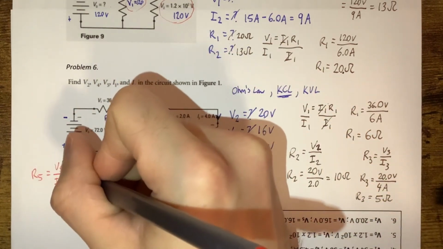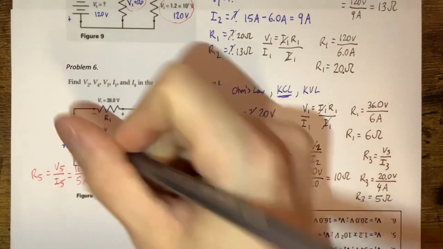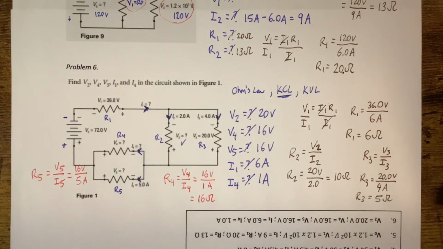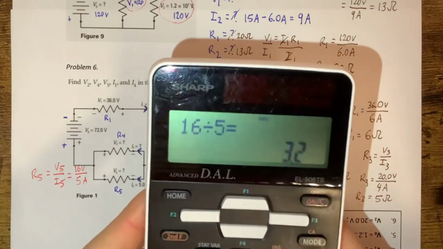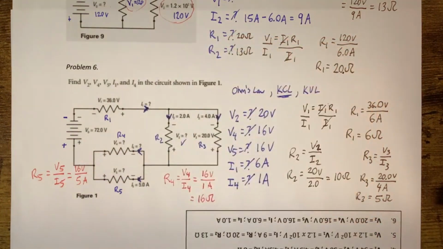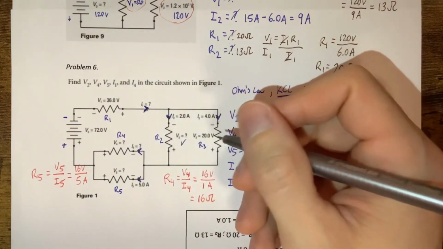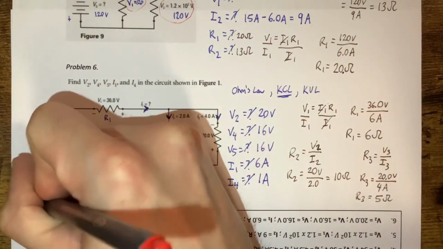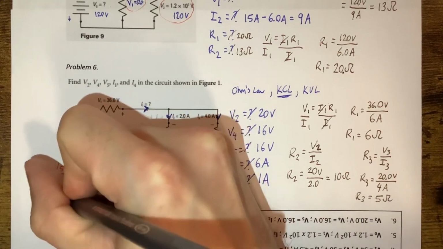And what are we looking at here? I'm not going to pull up the calculator for this, right? We're looking at 3 point something, right? Let's see. Okay, yeah, 3.2. That's what I figured. Okay, so R5 is going to be our 3.2, and that is ohms.